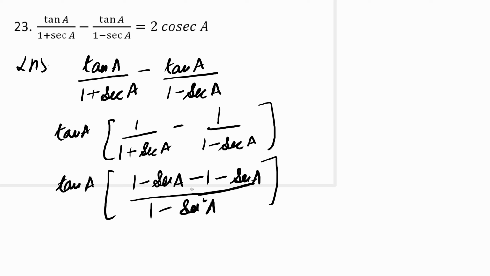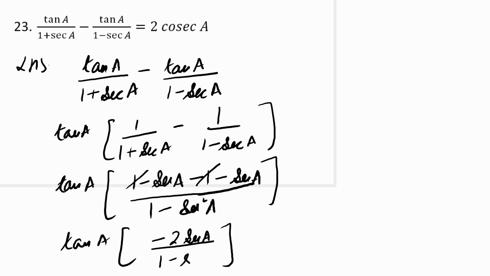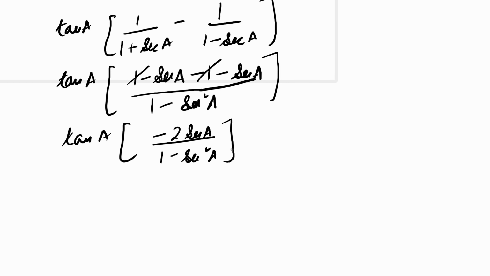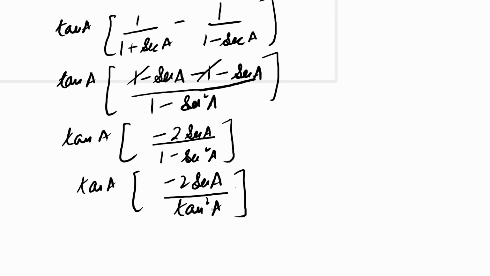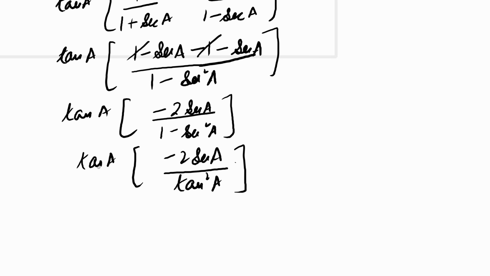A plus B, A minus B: 1 minus sec square A. Now what we will do next is we can write tan A, plus minus will cancel out, minus 2 sec A upon 1 minus sec square A. 1 minus sec square A is tan square A. Now I will write this tan square and tan will cancel. So I will write minus 2.